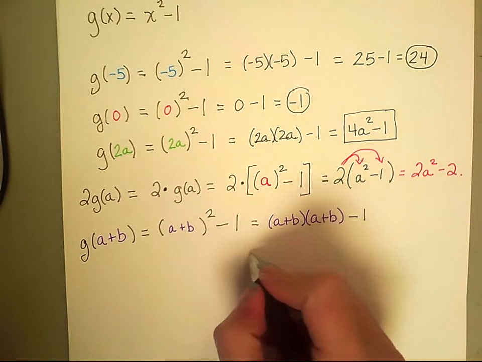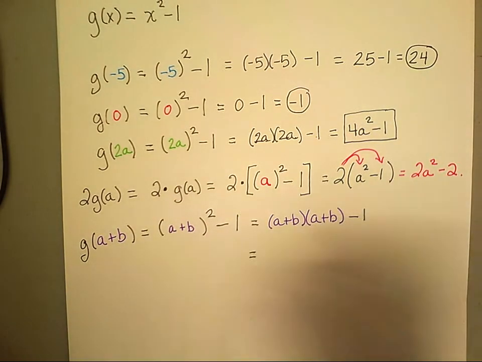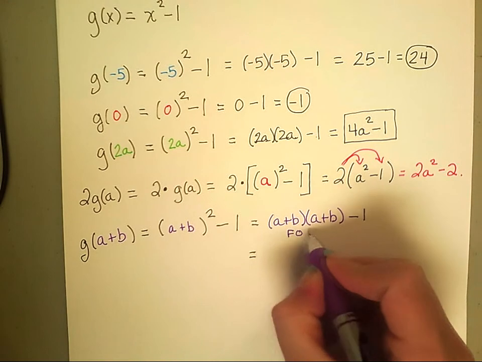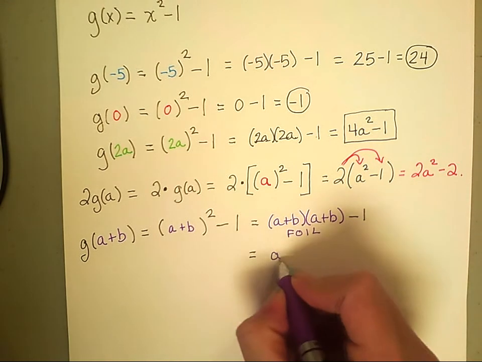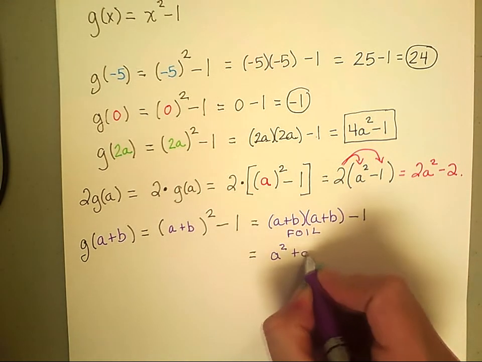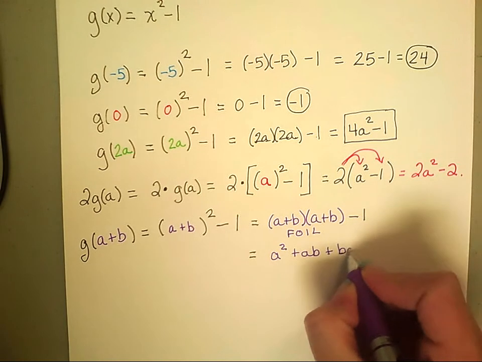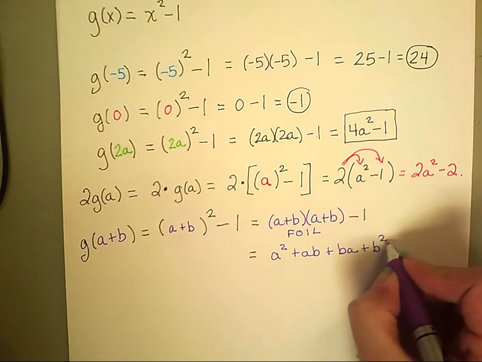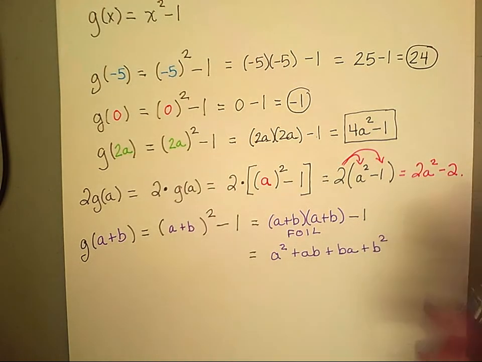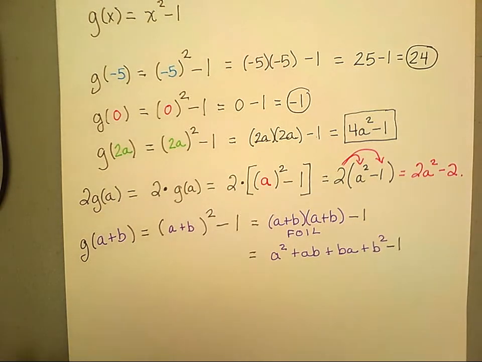The reason why it's helpful to do that is because inside of here, now to simplify, we're going to have to FOIL. So this becomes a squared plus ab plus ba plus b squared, just foiling it out, and then we'll subtract off 1.